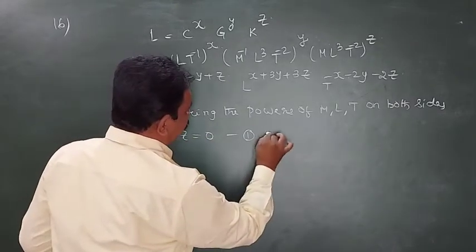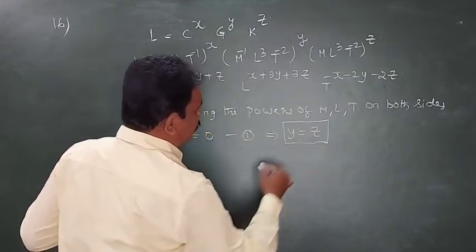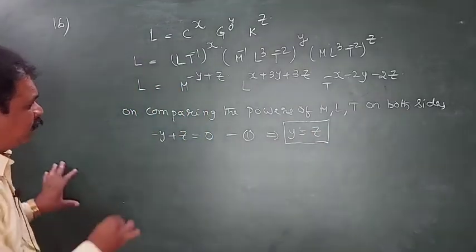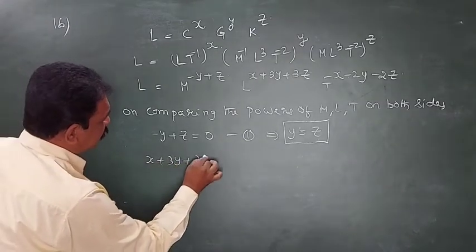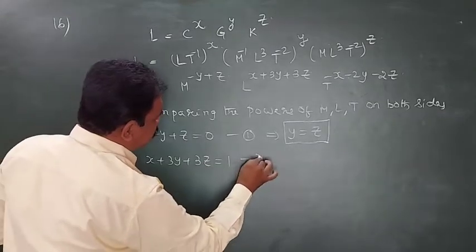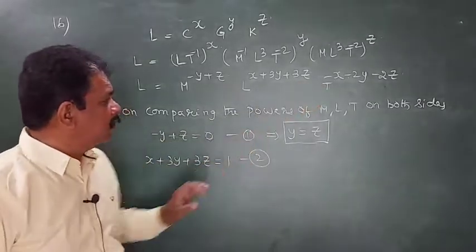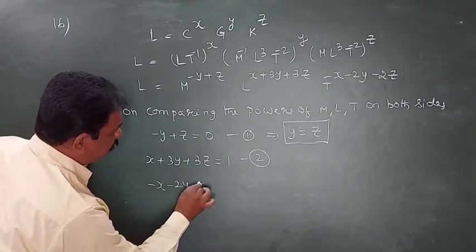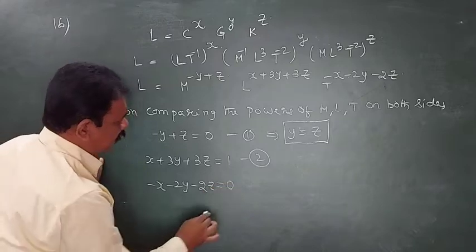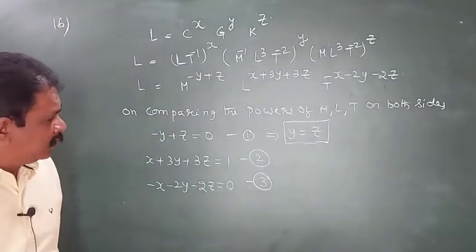Let it be 1. From this, Y is equal to Z. Y, Z values will be same. X plus 3Y plus 2Z is equal to 1. Let it be second equation. This one, minus X minus 2Y minus 2Z is equal to 0. Let it be third equation.